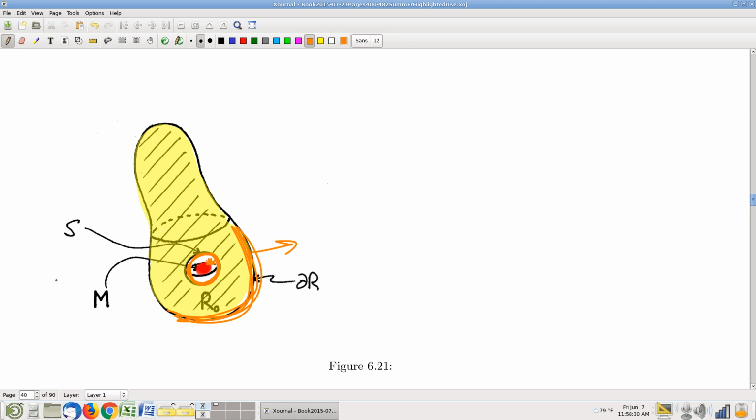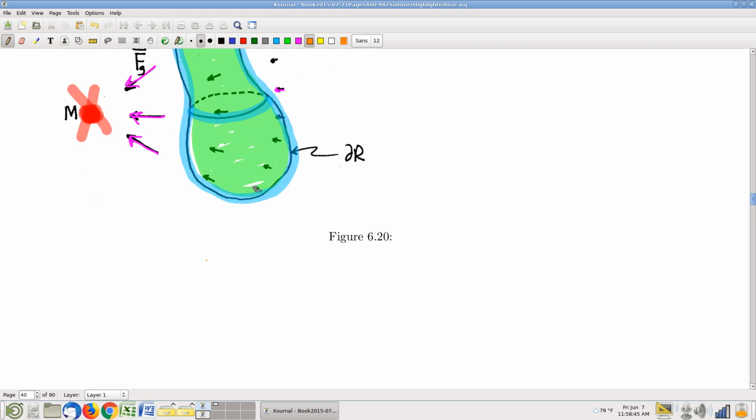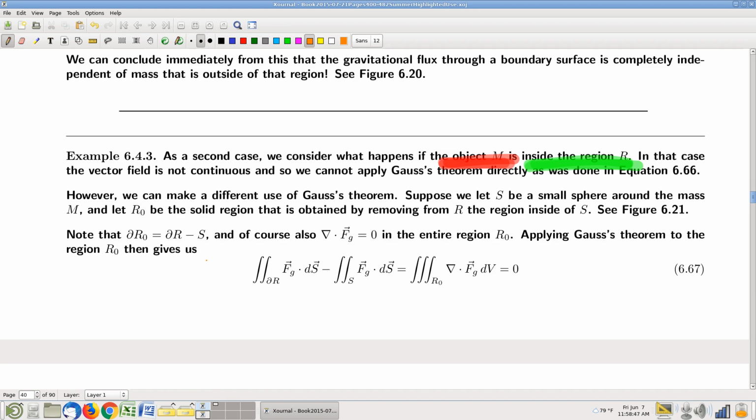So the boundary of R naught is boundary of R, but then inward oriented S, or I'm going to say minus S. S is oriented outward. So boundary of R minus S. So here's Gauss's divergence theorem applied to the region R naught.